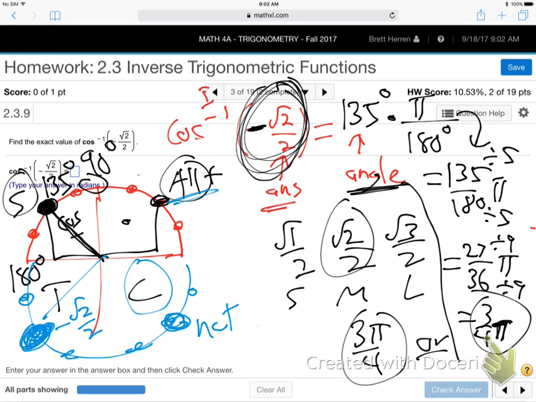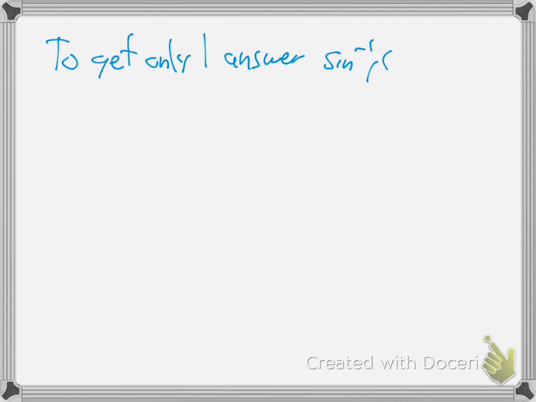Well, basically, they only want one answer to inverse trig functions. That's simply it. So they simply restricted where they're going to let the answers come from. That's the short version. So to get only one answer for inverse sine, inverse cosine, inverse tangent, etc., they want only one answer.